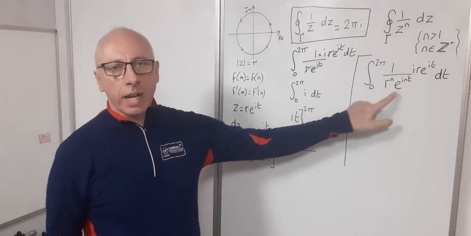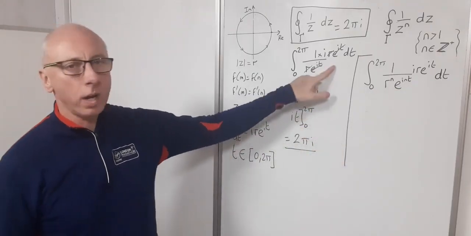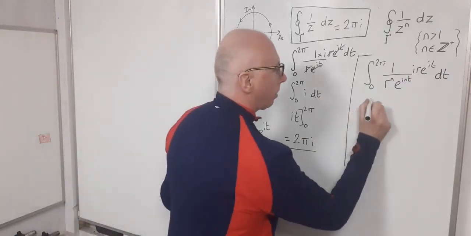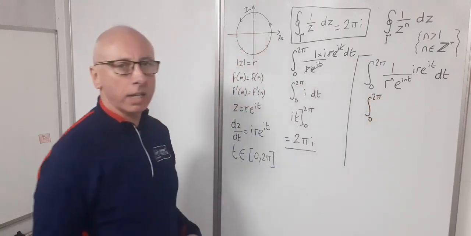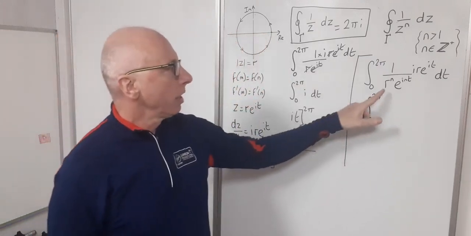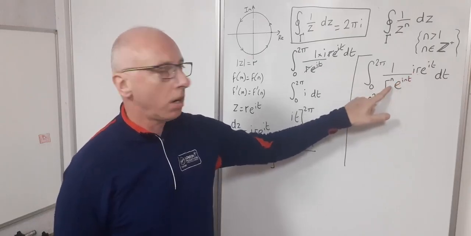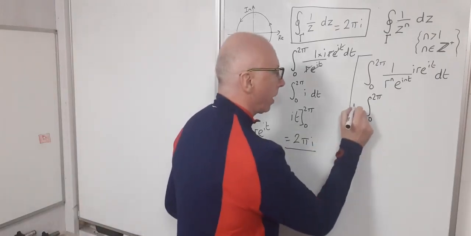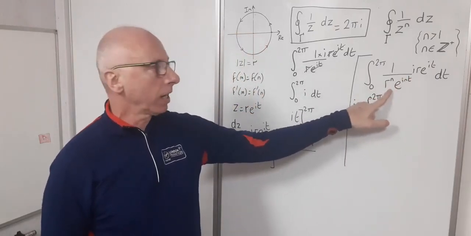So now what can we do? Well, the simplification this time is not going to go quite as easily, so we need to be a little bit careful on this one. So let's write our integral sign there, 0 to 2 pi. That's not going to change. Now here, we've got i r and r to the n. So the i we can bring out, that's fine. Now the r and r to the n we can also bring out.